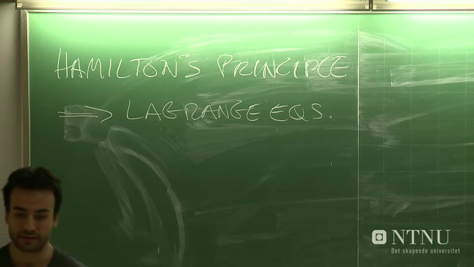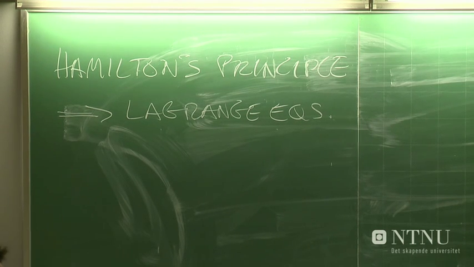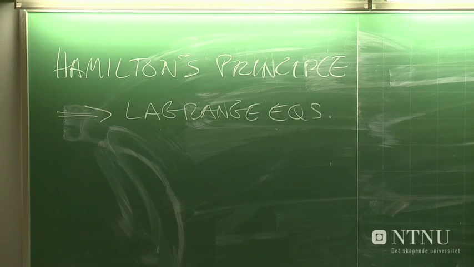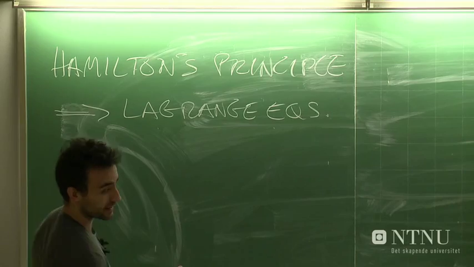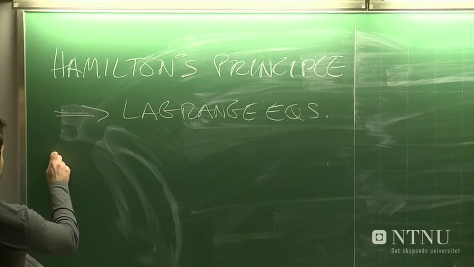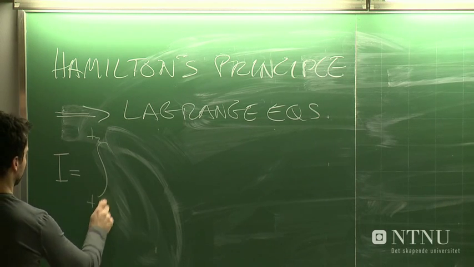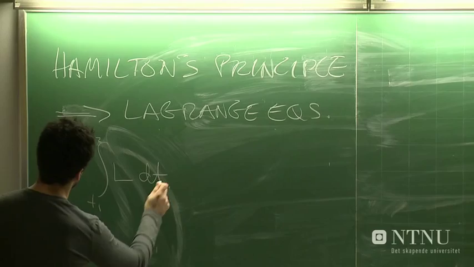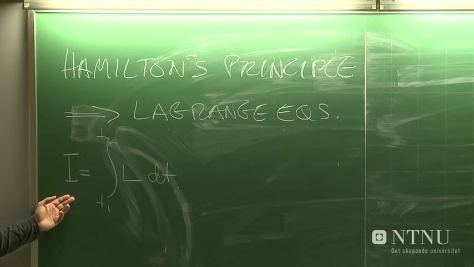We proved that if you started out with Hamilton's principle, which is a global principle, you can actually derive Lagrange's equations. And to express this mathematically, we used this quantity, which is the action of the system.